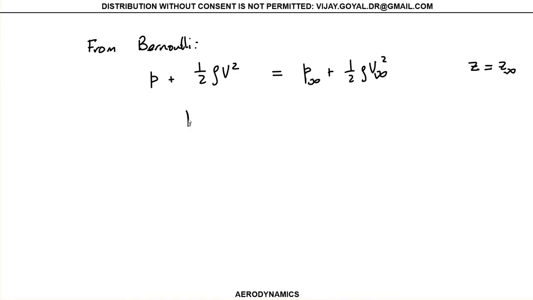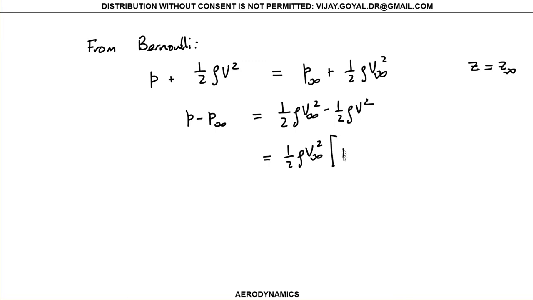If I bring the pressures on one side and the velocities on the other side, we can express this as 1/2 rho V infinite squared times (1 minus V squared over V infinite squared).